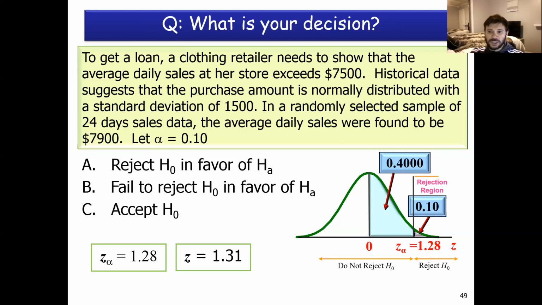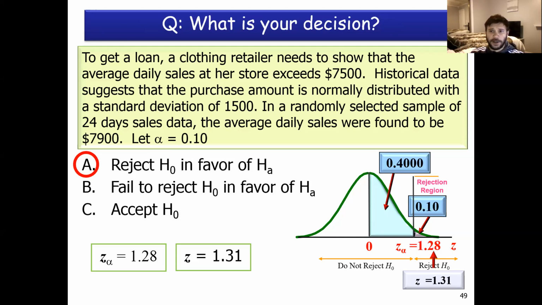Our actual z-value falls to the right, meaning we are in that rejection region. So the correct decision here is to reject the null hypothesis in favor of the alternative. Now, again, this doesn't mean we've proven the alternative. It just means that the alternative is probably more viable than the null at this point. So we've invalidated the null. We've found that black swan.